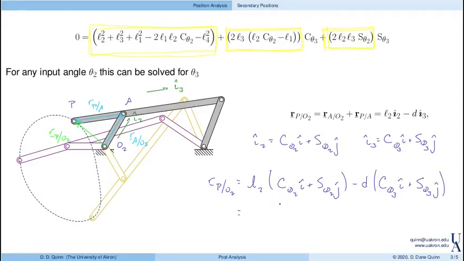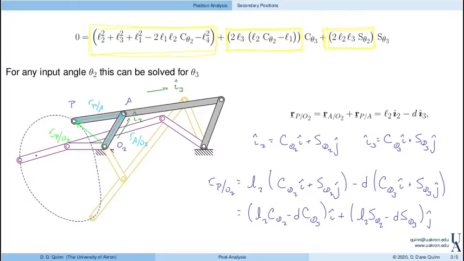And so we can just combine the i and j coefficients, and we get L2 cosine theta 2 minus d cosine of theta 3 in the i direction, plus L2 sine of theta 2 minus d sine of theta 3 in the j direction. And that's what I've shown here in this dashed line.